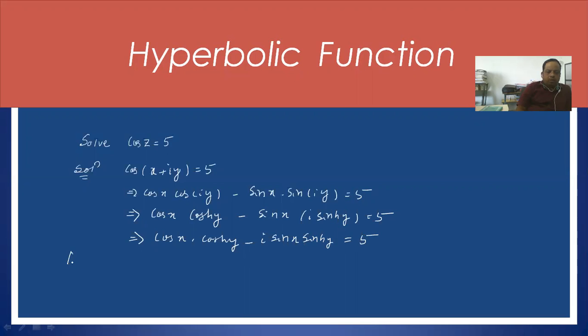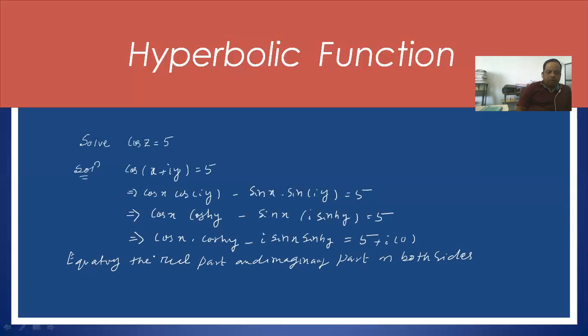So on equating the real part and the imaginary part on both sides, we get: this 5 can be written as 5 plus 0 into i.